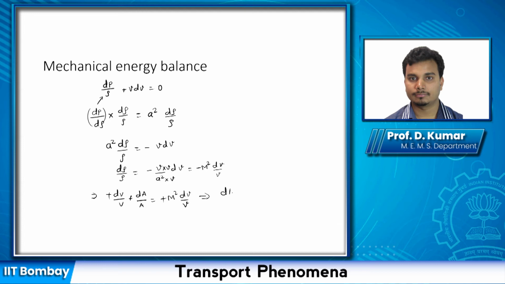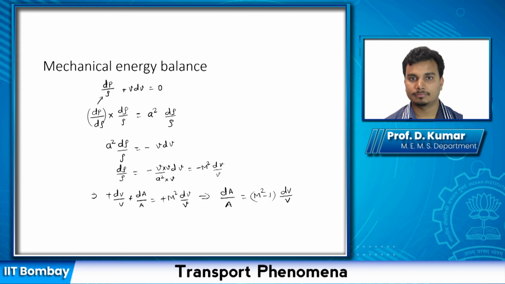Hence dA by A is equal to (M squared minus 1) dV by V. We'll see what this means.